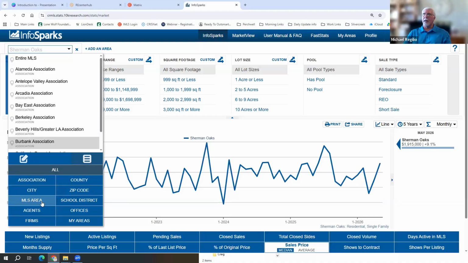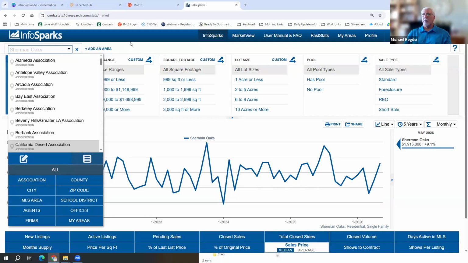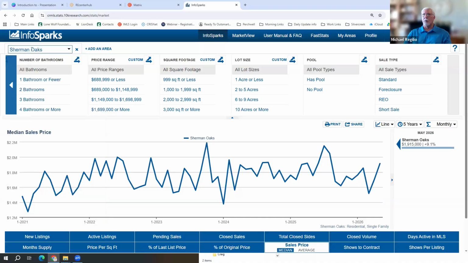MLS area isn't as reliable because with the data shares, not all of the properties that are designated within an MLS area are correctly mapped. They don't have the right information under area. So 99% of what I do and what I help agents with is going to be city, zip code, county, or my custom area. But here we went ahead with Sherman Oaks.